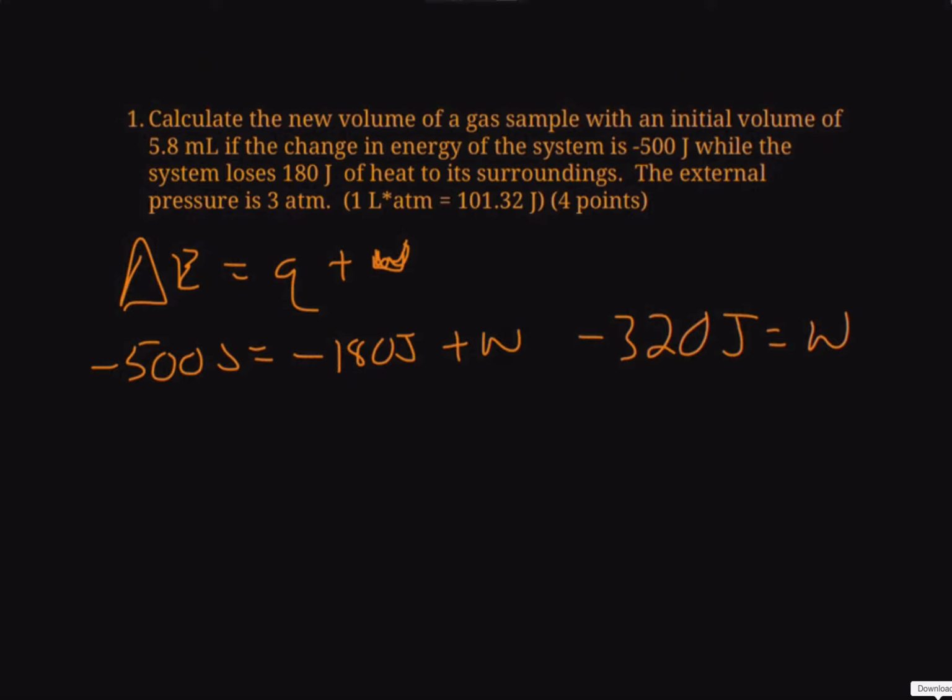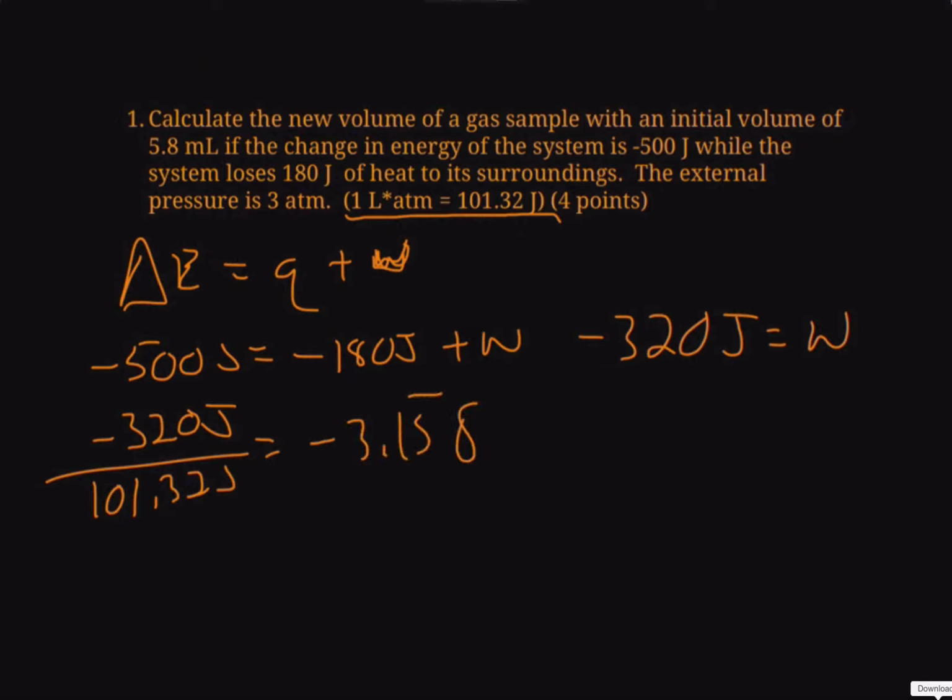But if we remember that, as it says here, 1 liter atmosphere is 101.32 joules, and we take the negative 320 joules and divide that by the 101.32 joules, that converts the unit from joules into liter atmospheres, and we get a number of negative 3.158 liter atmospheres is the amount of work that was done. That equals W.